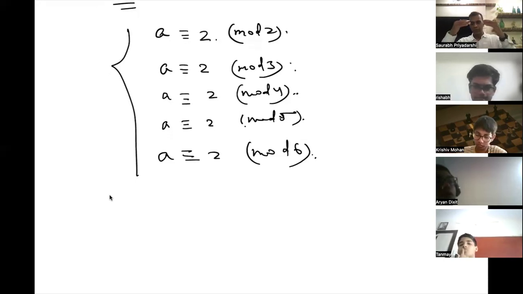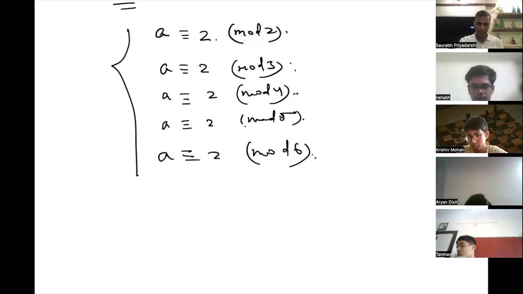So if you see every case, in every case we are getting remainder 2 when we are dividing this by 2, 3, 4, 5, 6.